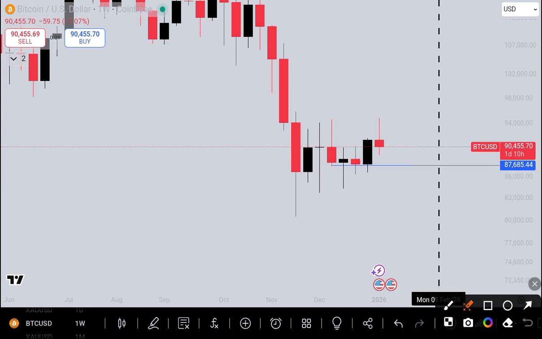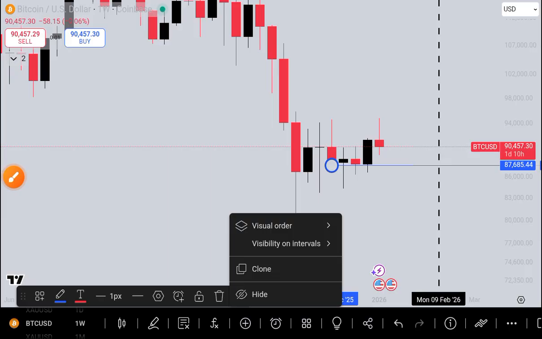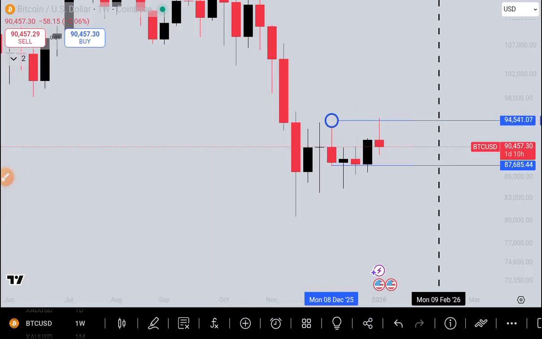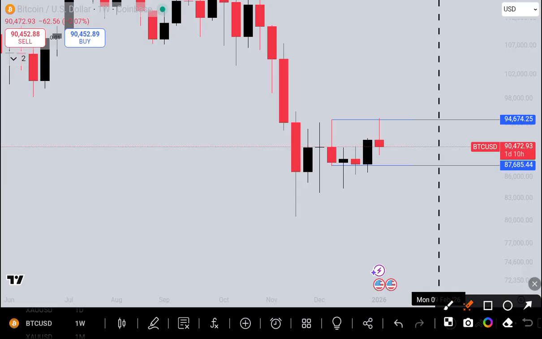Price forms a candle, and then the next week price mitigates the low of that candle, rejects and closes within that range. Once we see something like this, we put it in the range, which means the high of the candle becomes the target. I hope you're following. The high of this candle, which price mitigates, then becomes the target.